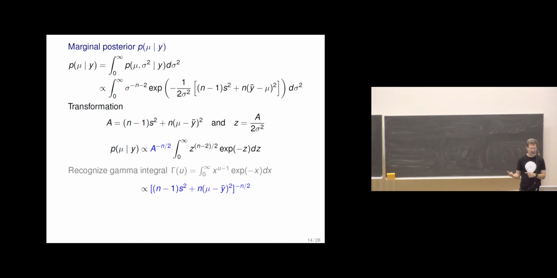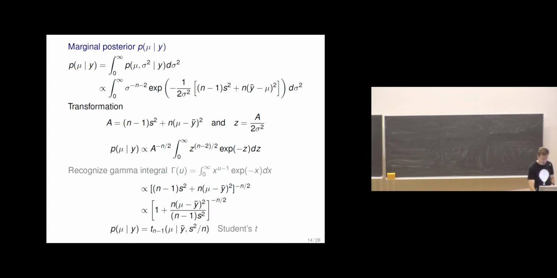Which means that we are left only with the A part exponentiated to minus n per 2, and then we can rearrange this to get this equation, which has been named Student's t-distribution.